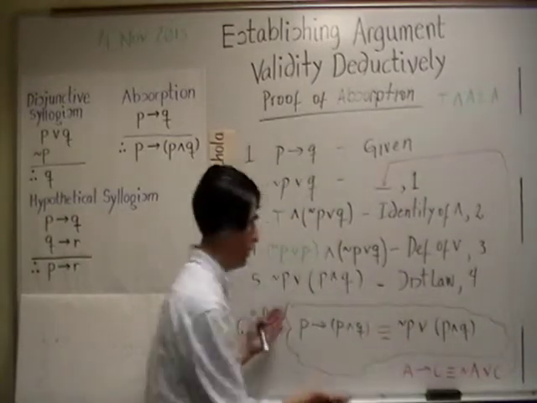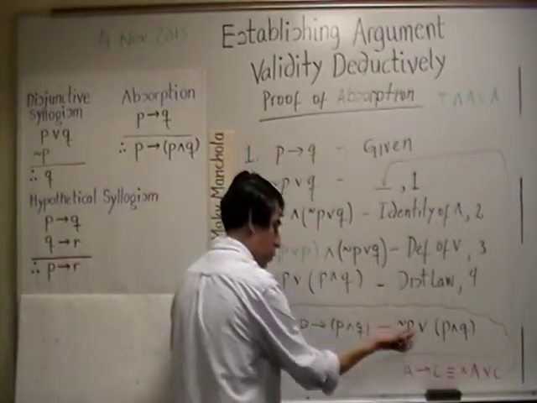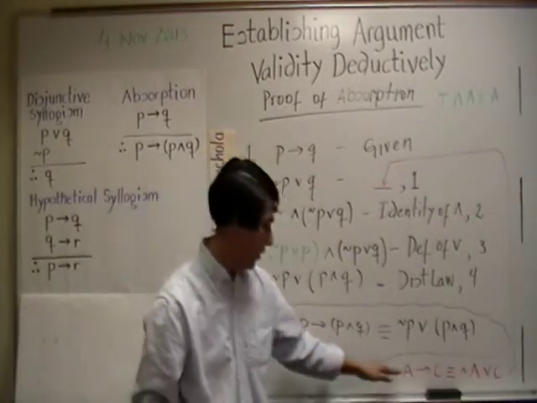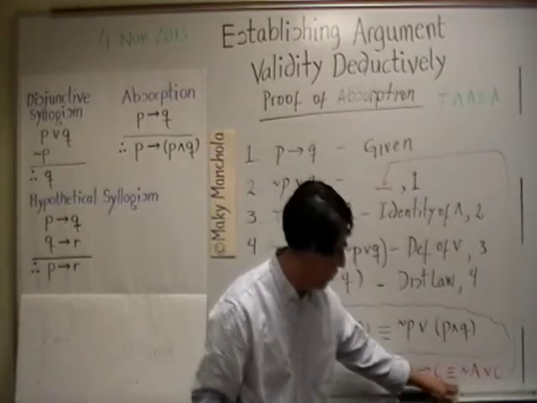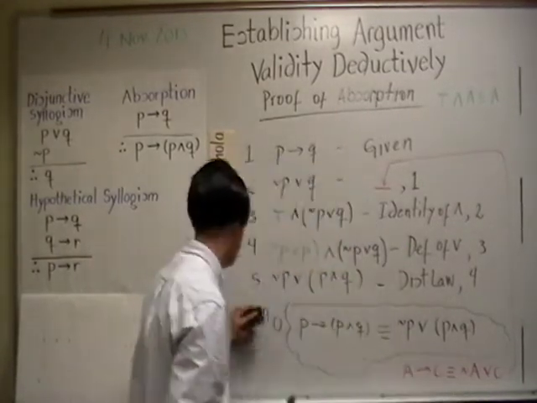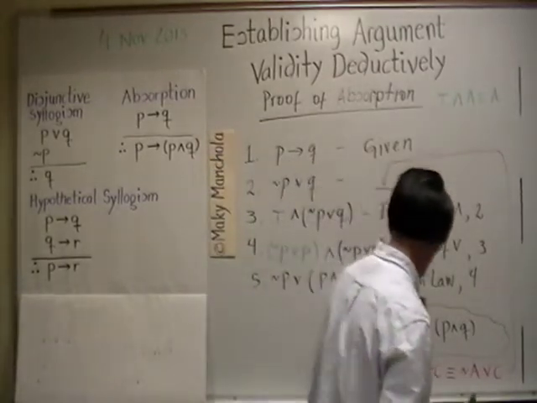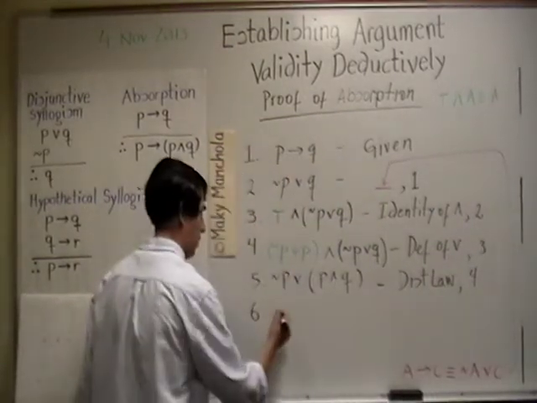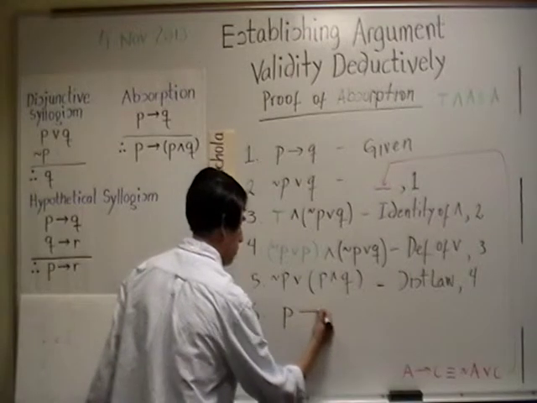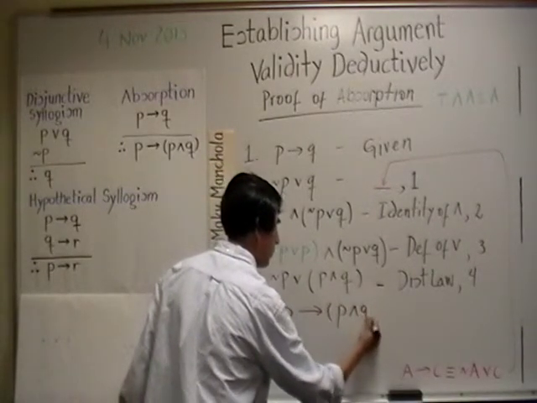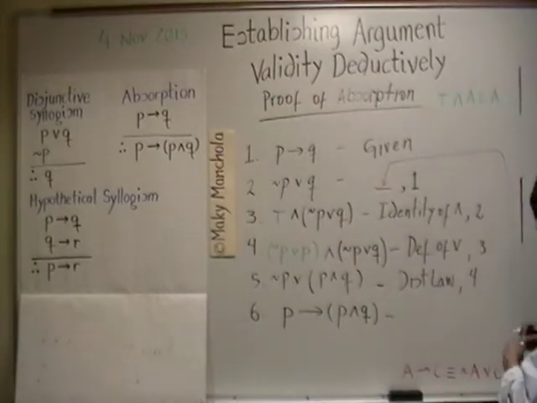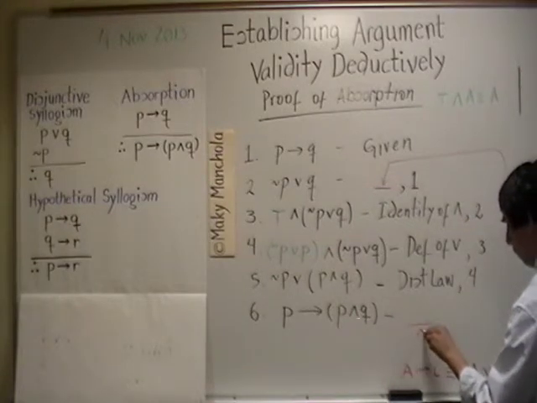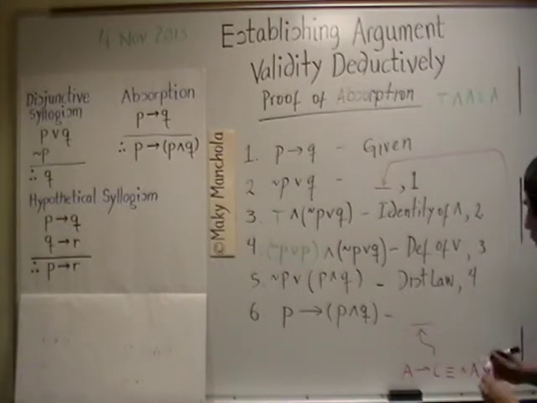So there we have it. We have reached what we wanted. Formally, we would like to write now P implies P and Q, and quote the reason: A implies C is logically equivalent to negation of A or C. Where did we apply that?